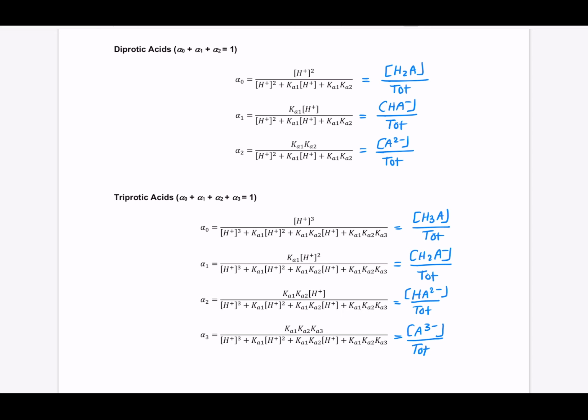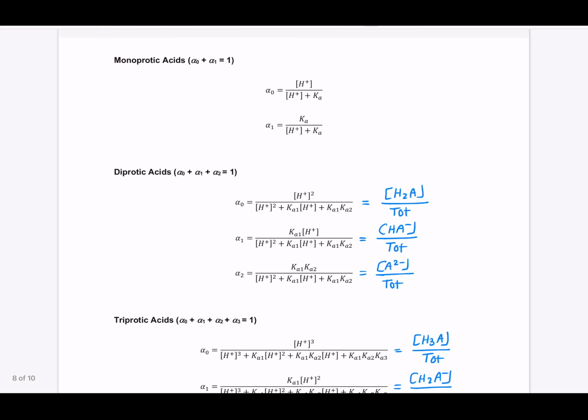So you can quickly, by looking at these constants and also the pH, calculate how much of each individual species you have. Obviously this one would be the simplest one. It's HA over the total, or A minus over the total.